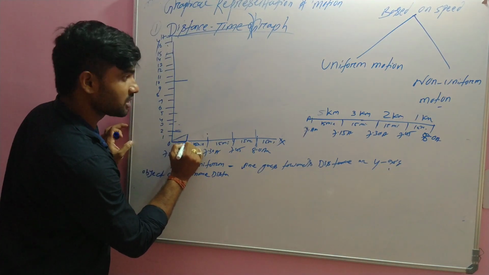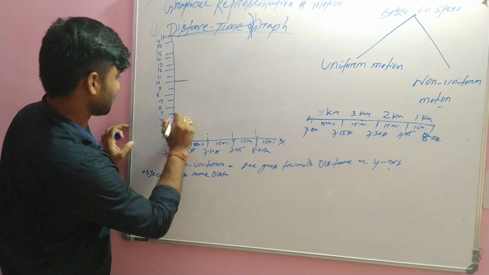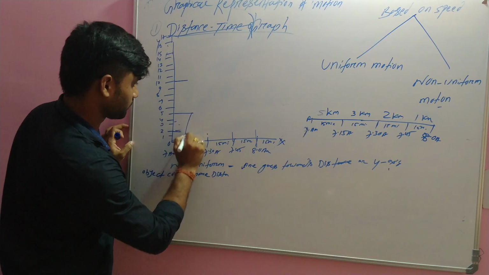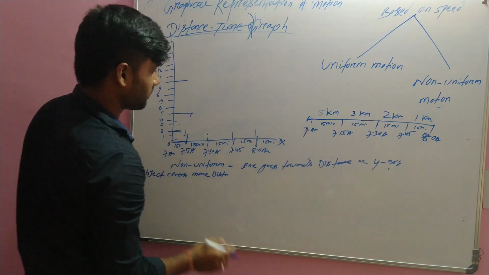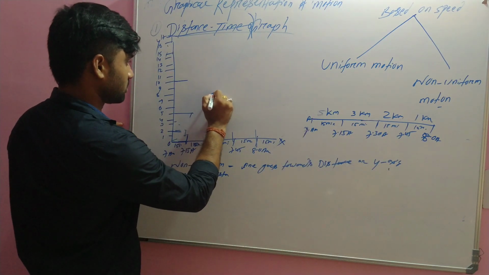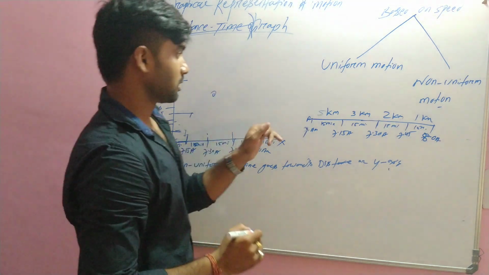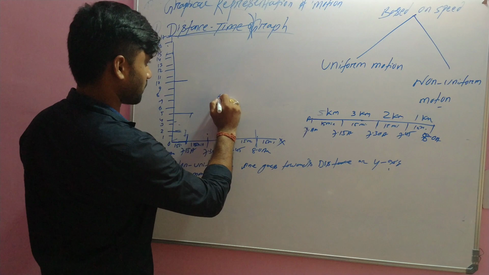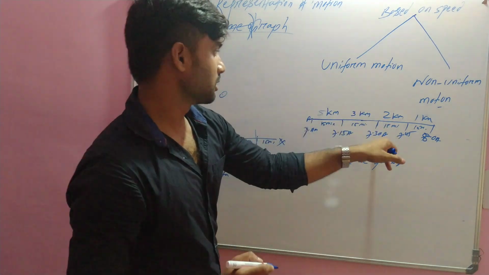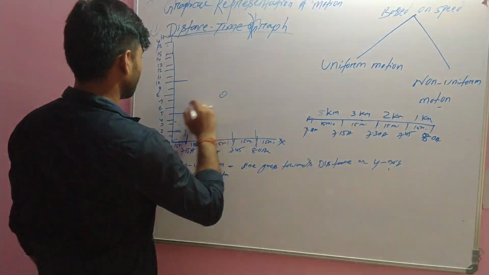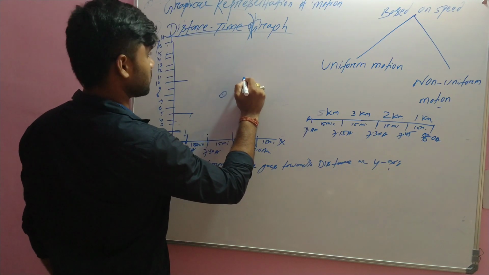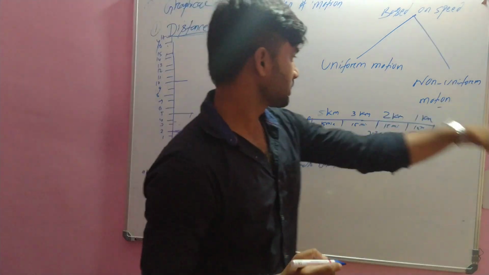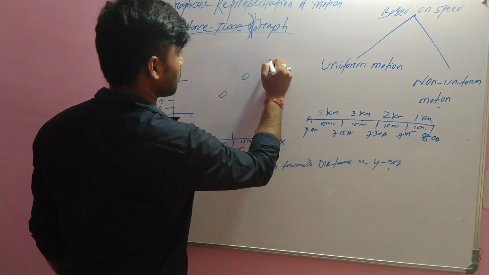In the first 15 minutes it covered, suppose, 5 kilometers here. In the next 15 minutes it covered 3 kilometers, that means 8 kilometers. In the next 15 minutes it covered 2 kilometers, that means 10 kilometers. In the next 15 minutes it covered 1 kilometer.